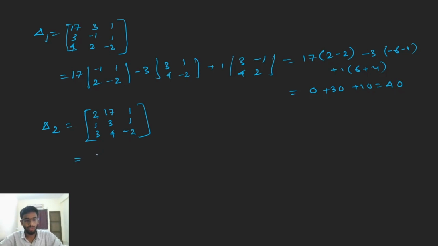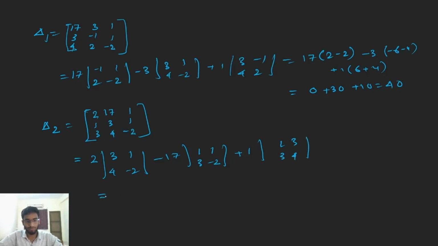Now as usual, calculate: it is 2 times (3, 1, 4 minus 2), minus 17 times (1, 1, 3 minus 2), plus 1 times (1, 1, 3, 3, 4).